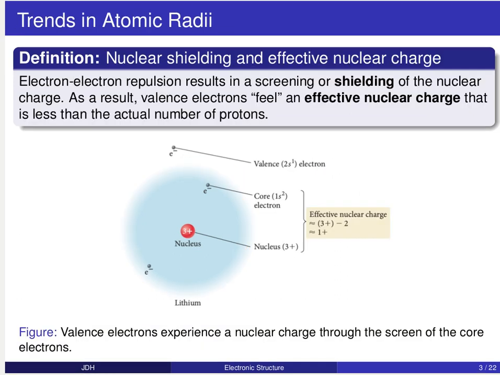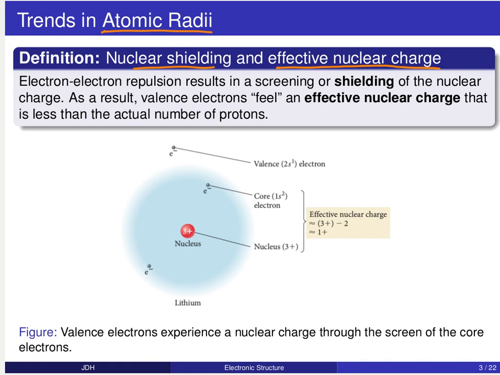Okay, so now we're going to use that concept to start to uncover our first periodic trend, namely the trends in the radius or the size of atoms as they're arranged in the periodic table. To do this, we're going to have to introduce related topics known as nuclear shielding and effective nuclear charge.